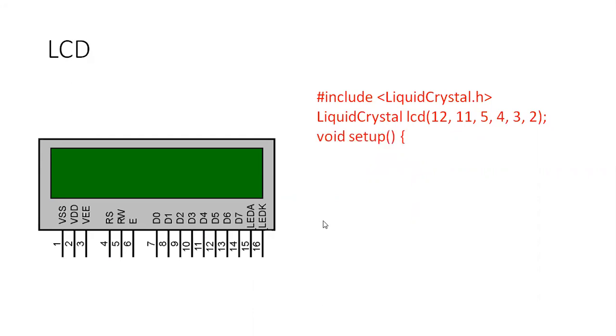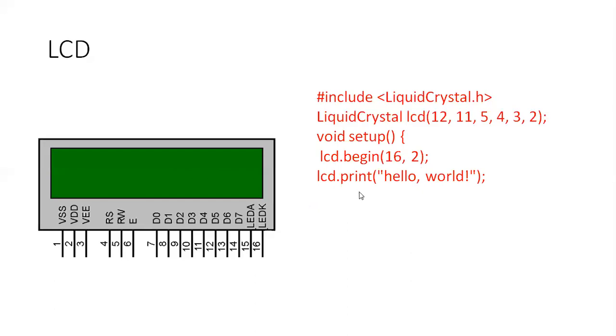Okay. The next one is void setup, lcd.begin. We are going to use a 16 cross 2 LCD because so many LCDs are there, for example, 16 cross 1. So we have to specify here which type of LCD we are using. So lcd.begin(16, 2) means 16 columns and 2 rows.